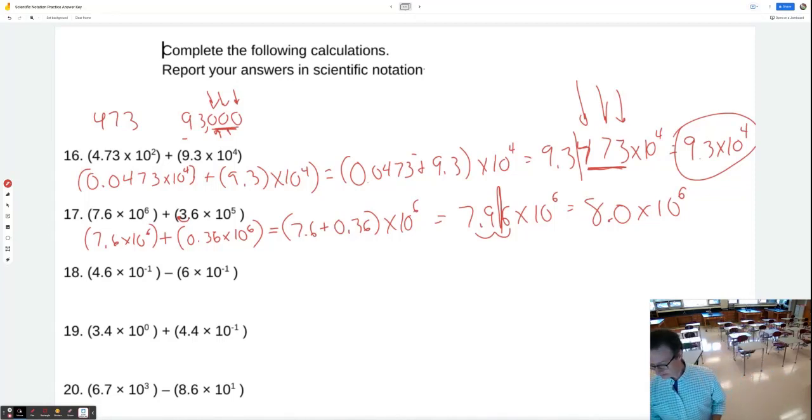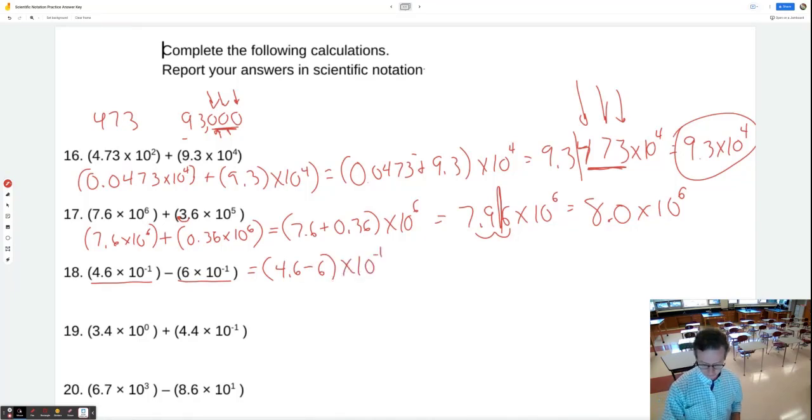Next one. These two numbers here have the same exponent. So I can just go ahead, and since it's subtraction, I can do 4.6 minus 6 times 10 to the negative 1, which is negative 1.4 times 10 to the negative 1. So we got a negative exponent and a negative number. It can happen.